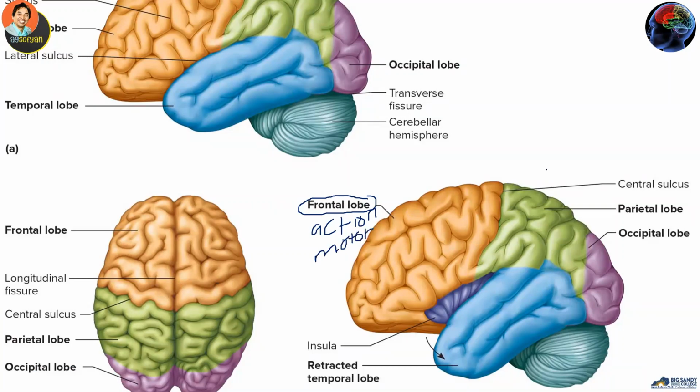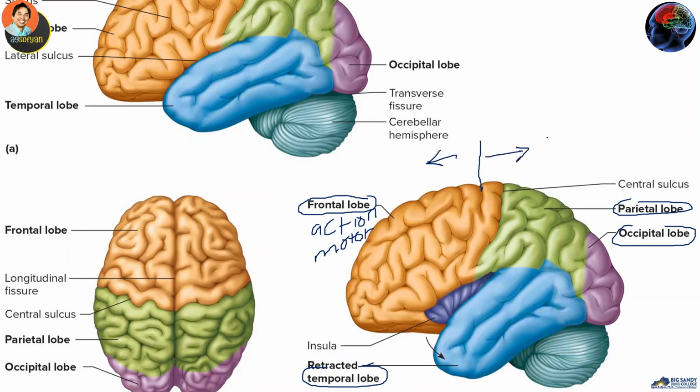The back part consists of the parietal lobe, occipital lobe, and the temporal lobe. So this is the front part and this is the back part.